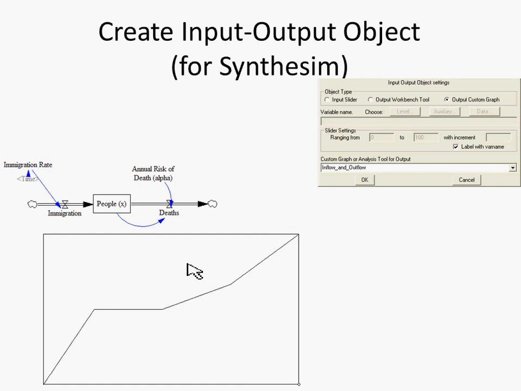So we could say something like: if time is less than 10, use 0, otherwise use 1, or something like that. That would be a legal use of this operator.